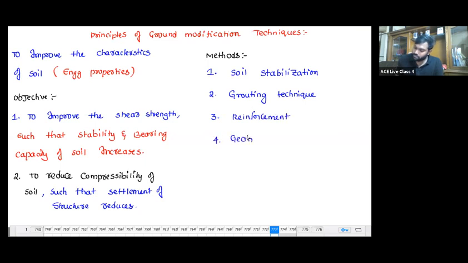Number four, geomembrane, geosynthetics. Number five, dewatering techniques.